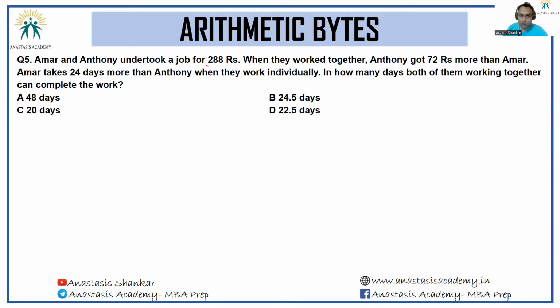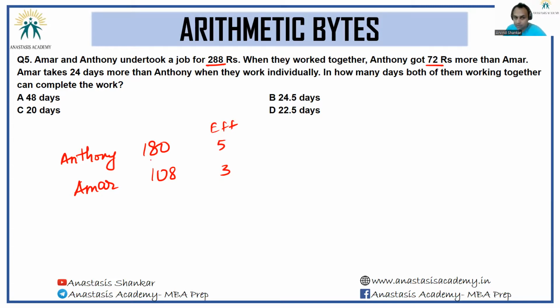Okay, if they got 288 rupees and Anthony got 72 more. So half would be 144, 36 more, 36 less. Okay. Anthony has earned 180 and Amar has earned 108, which means the ratio of their efficiency, happily I can see, is 5:3.